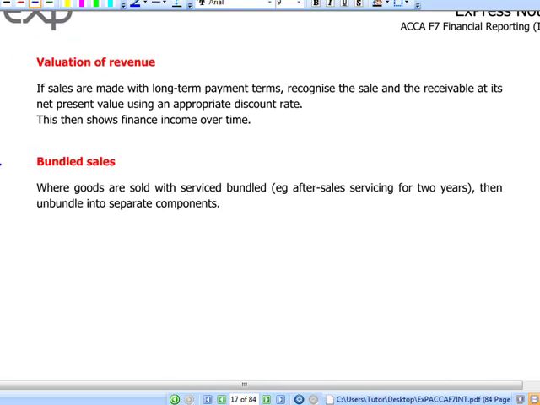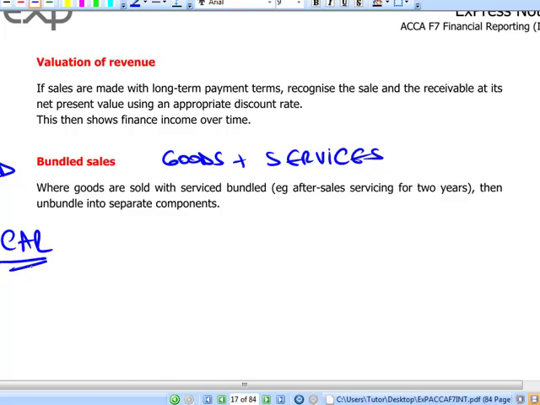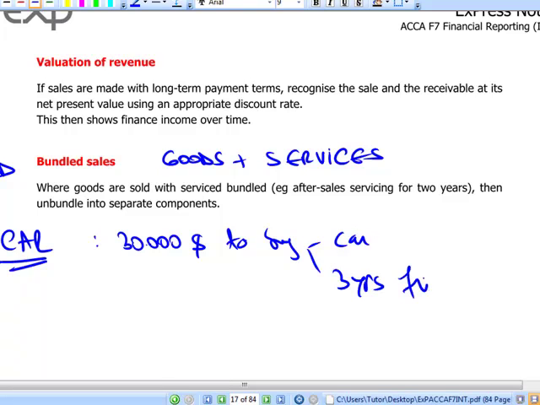So for instance, we have combined transactions, which are called bundle sales, where I'm selling goods together with services. So let's take an example where we buy a car. And I'm paying, according to the contract, $30,000 to buy the car and 3 years of free servicing.